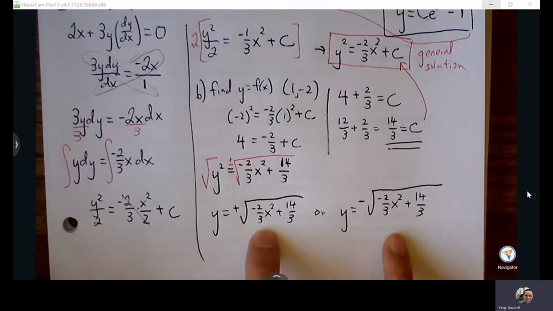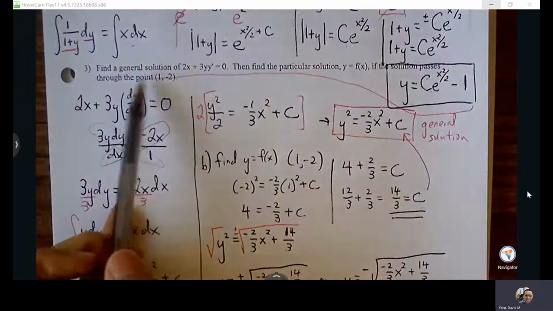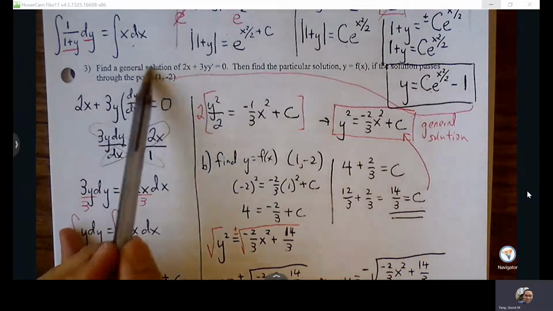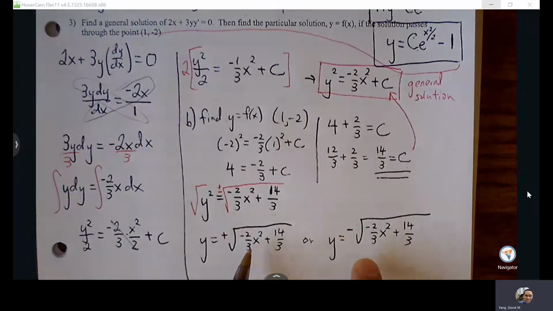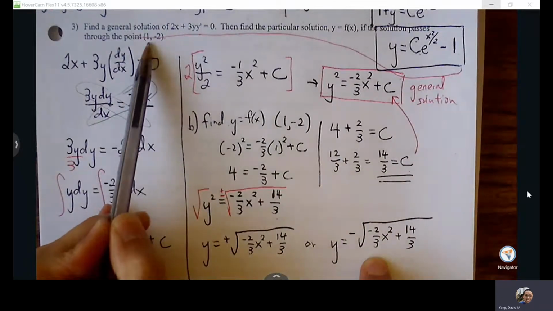However, only one of these we can keep because it's asking for a solution that passes through the point 1, negative 2. So we want to pick the branch that includes this point.